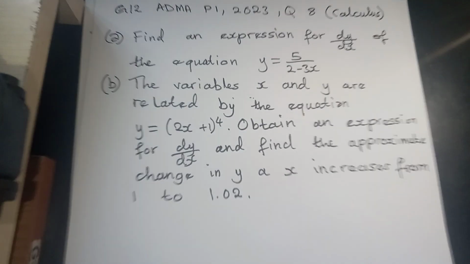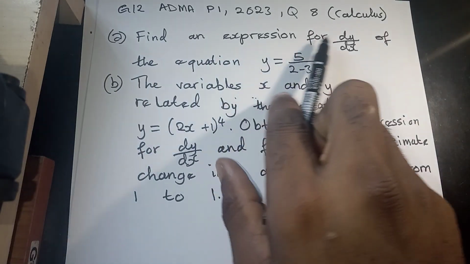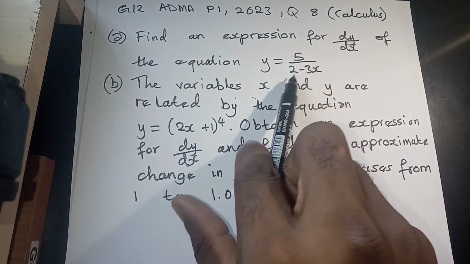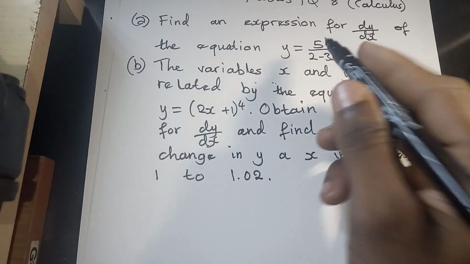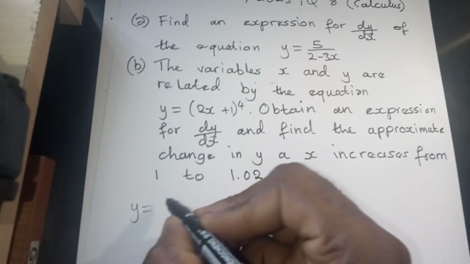So this one is also the chain rule. Find an expression for dy/dx for the equation y equals 5 over 2 minus 3x. So in this case, this is our equation.